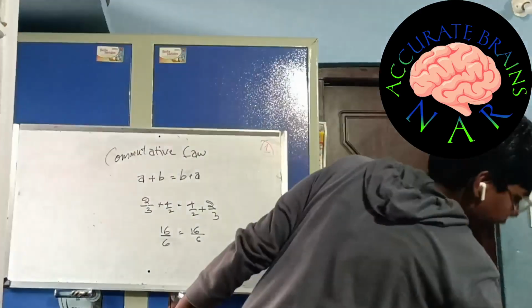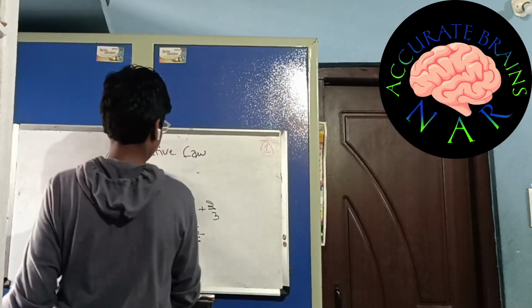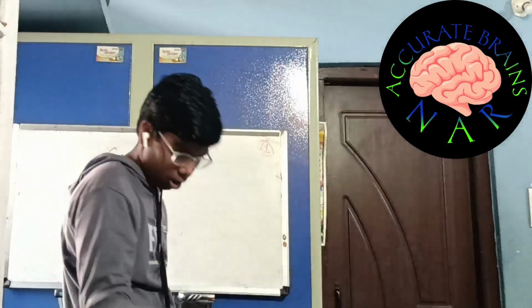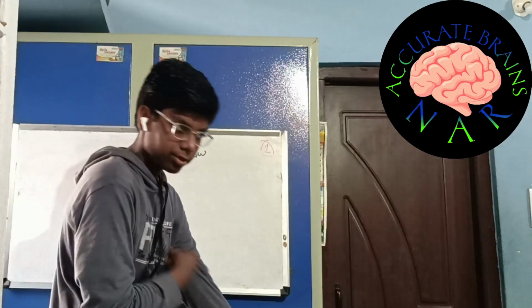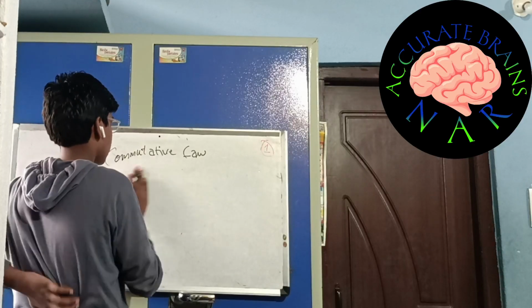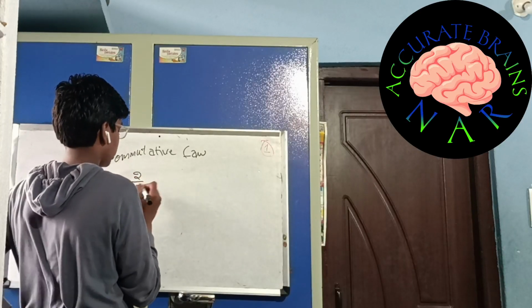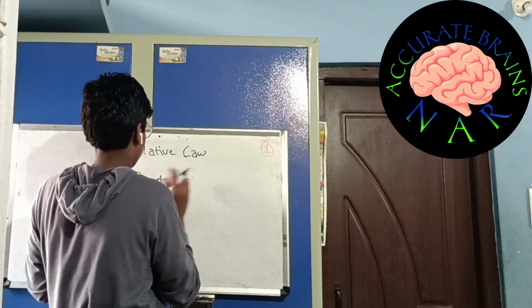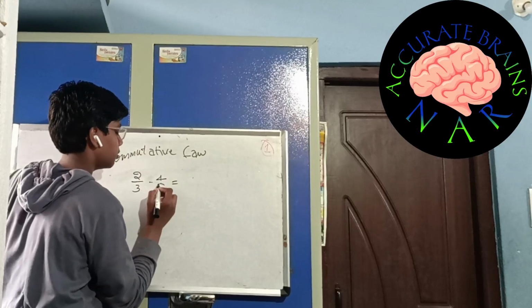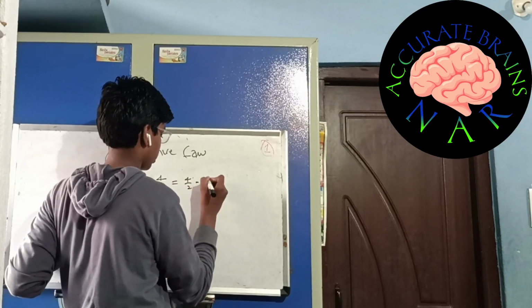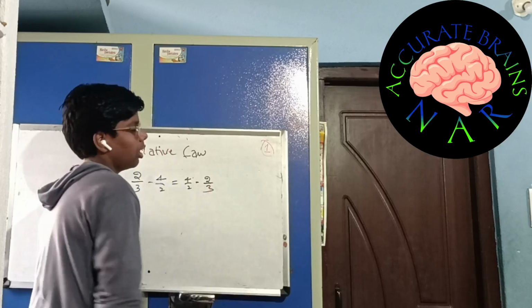Now we check commutative law over subtraction. Take the same example, 2 by 3 minus 4 by 2 compared with 4 by 2 minus 2 by 3.